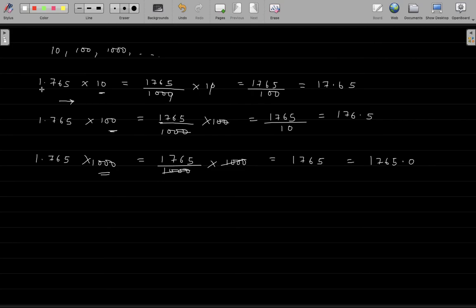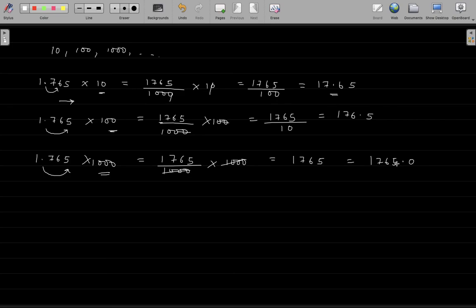Here you have 1 zero in 10, so this decimal point is moving one position towards the right, making it 17.65. I have two zeros in 100, so this decimal point will move two positions to the right, making it 176.5. I have three zeros in 1000, so this decimal point will move three positions towards the right.